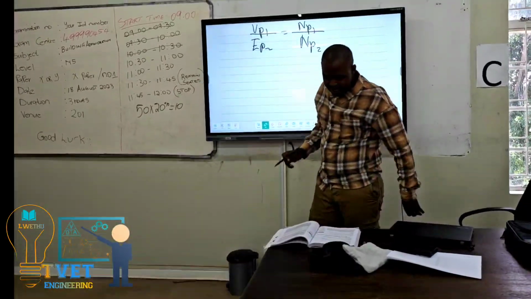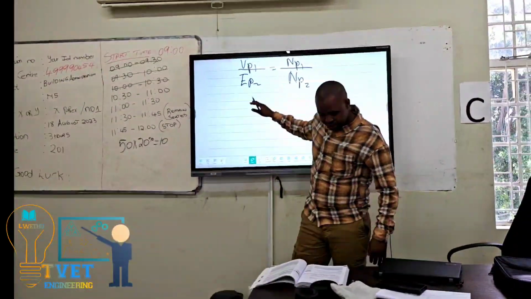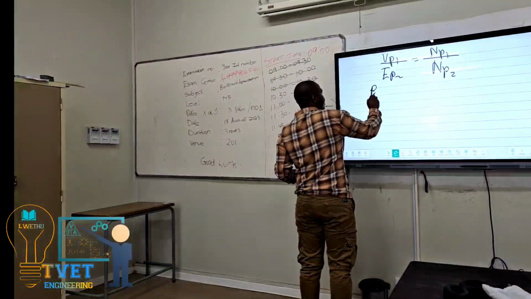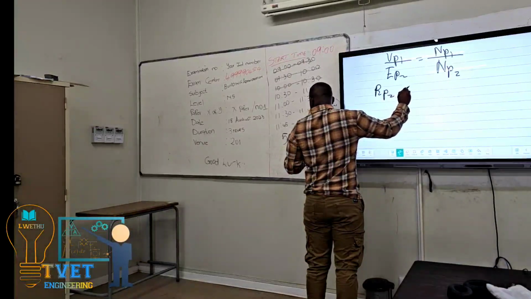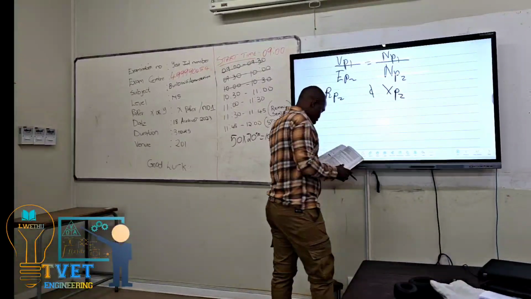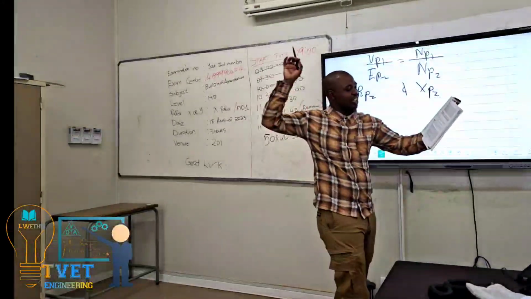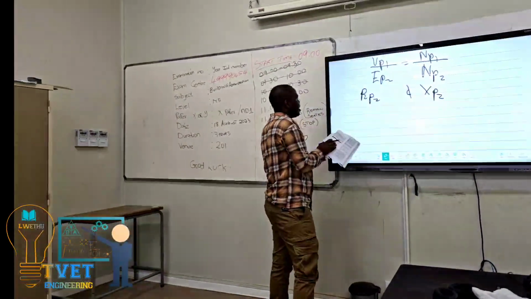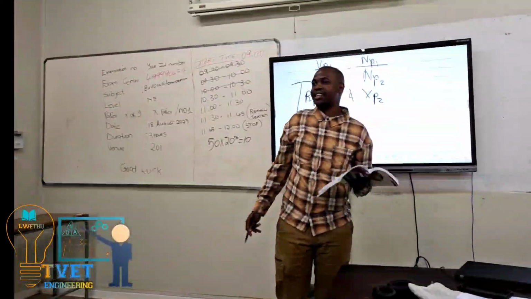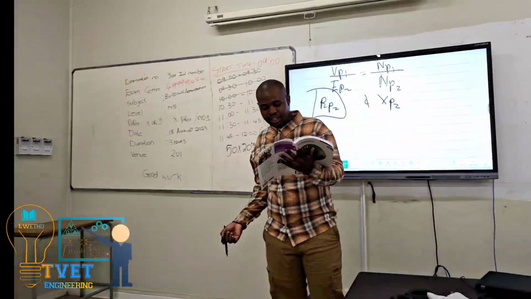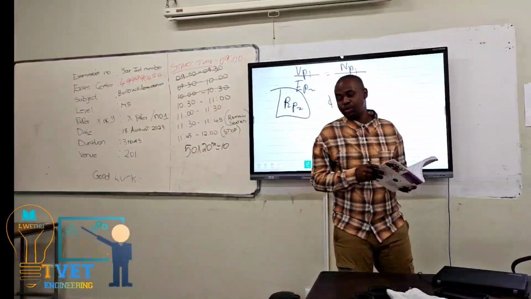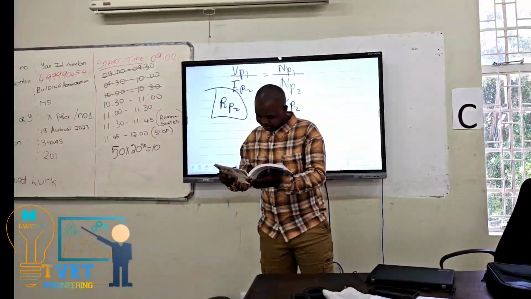And notice something here: R2 is the rotor resistance at standstill, and X2 is the rotor reactance at standstill.